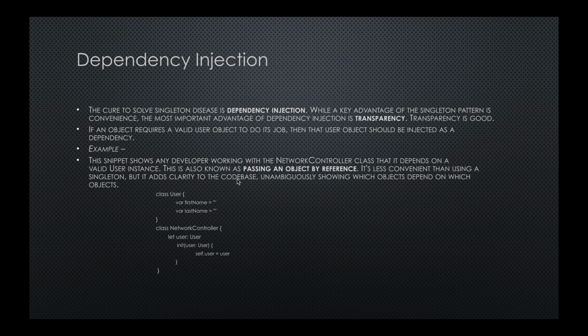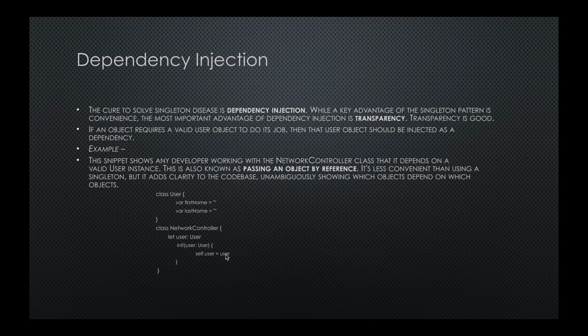Instead of singleton, you should always use dependency injection in your application, so that when you write a class, you know its dependencies. Let's say our network class has a user, and user is a different class. So the network class is dependent on the user class, right? So we know how the data is being passed between these two classes.